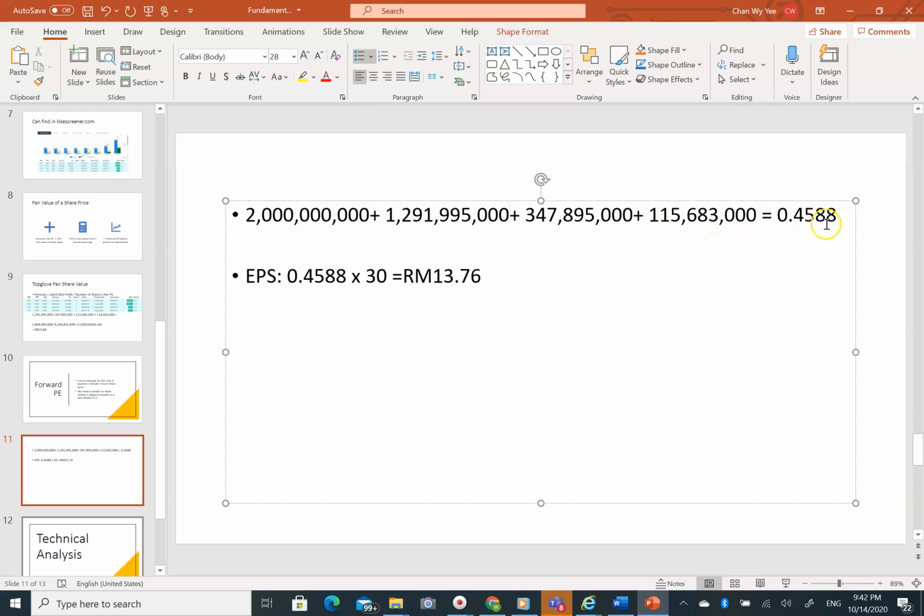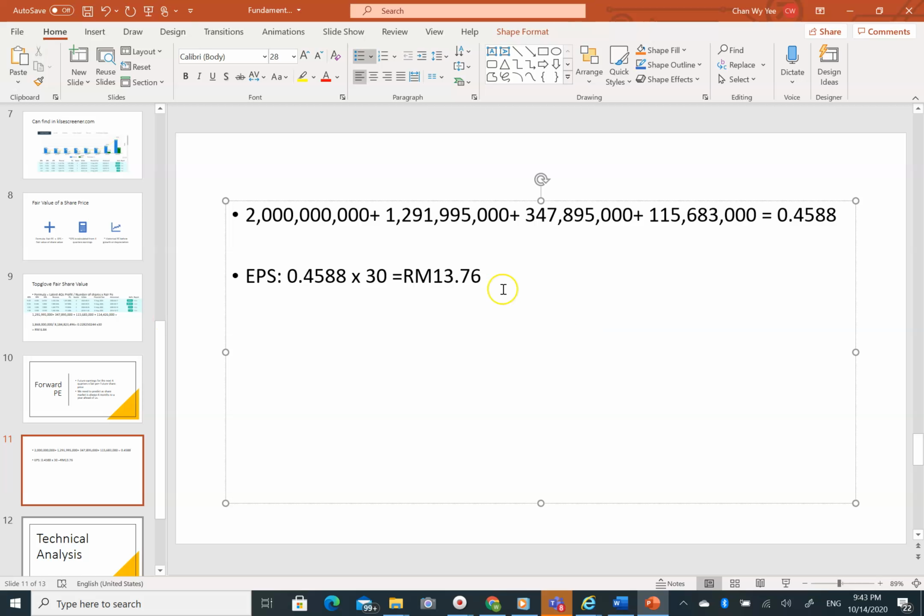We will get about 0.45 ringgit per share. And if it is times the fair PE, it is about 13 ringgit 76 cents per share. So now it is only 9 ringgit 48 cents. So when the next quarter report comes out, the fair share value should be 13 ringgit 76 cents.